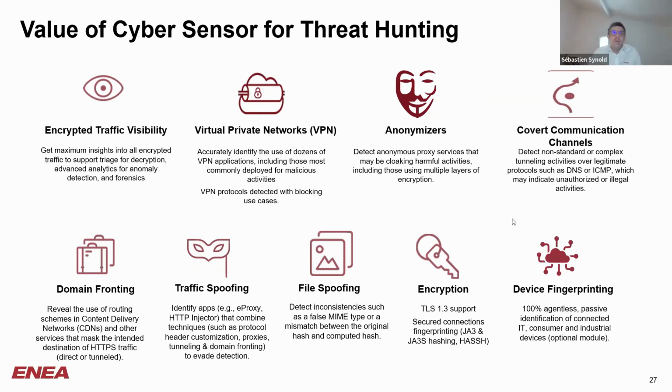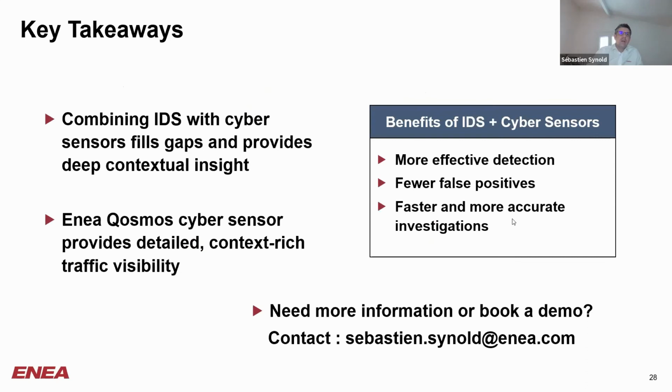And aside all those traffic classification categories, detection and identification of devices from network traffic analysis is also a game changer for threat detection. So for all those reasons, having a cyber sensor complementing an IDS is becoming crucial in extended detection and response system to protect critical infrastructures.